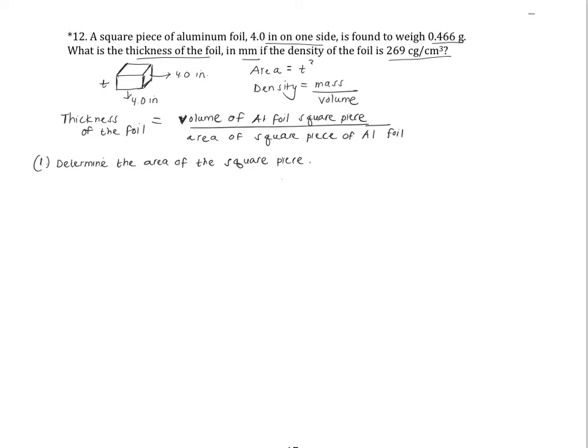And that's just going to be one of your sides squared, so that will be 4 inches squared, and so that will be 16 inches squared. The second step is to determine the volume using the density.